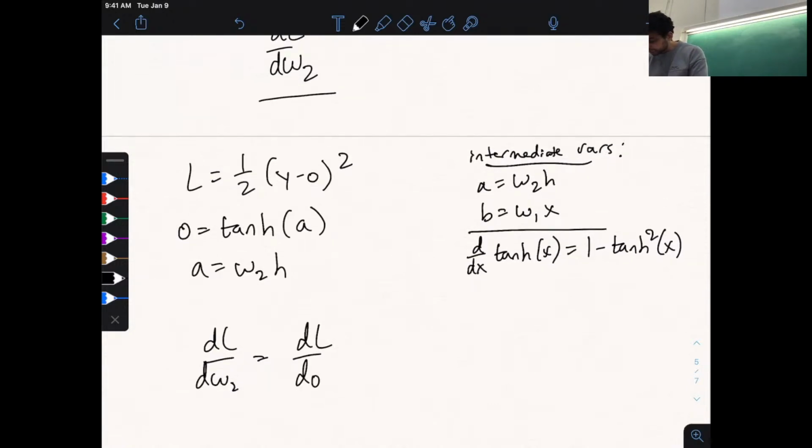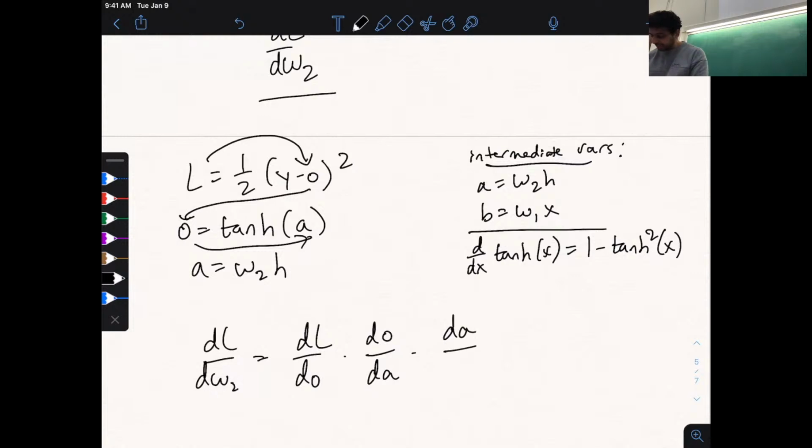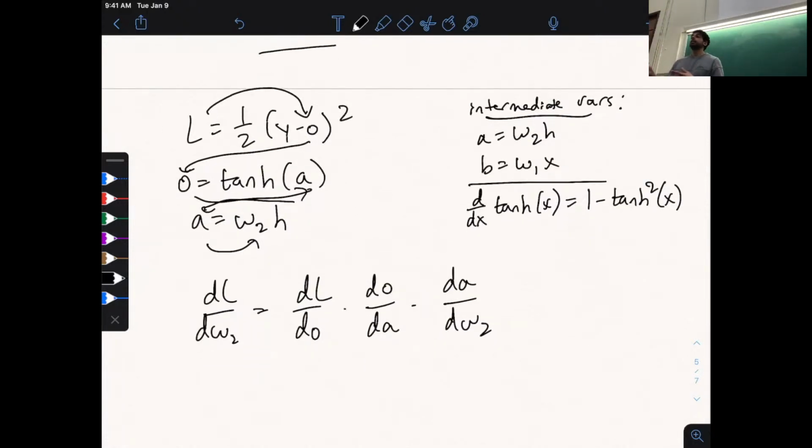First, I'm going to compute dL/dO, so that gets me from here to here. Then I'm going to compute dO/dA, which gets me from here to here. And finally, I'm going to compute dA/dW2. And in isolation, each of these partial derivatives is very easy to compute, right?